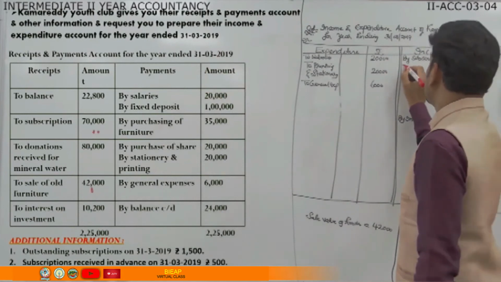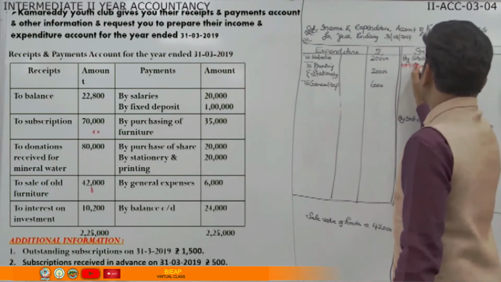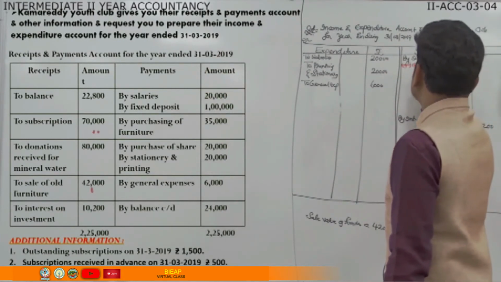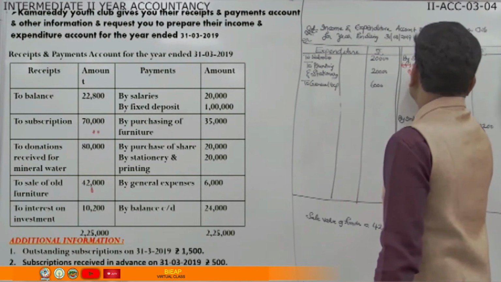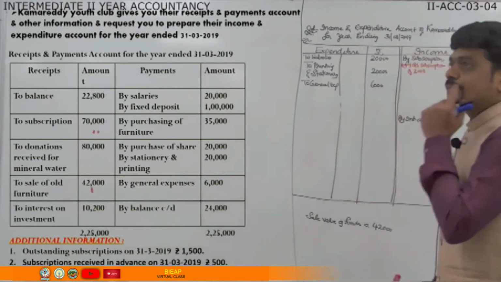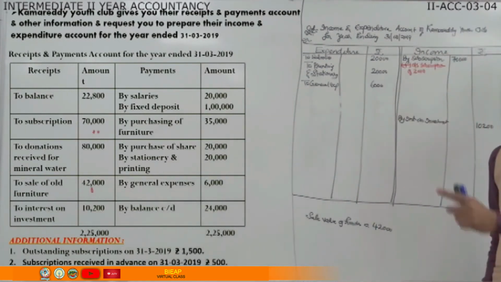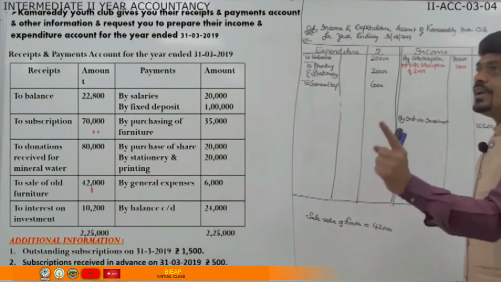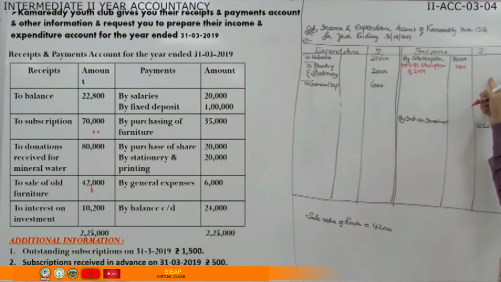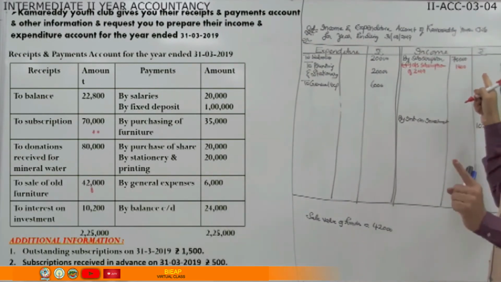So we should add outstanding subscription of 2019. How much? 1,500. Now we cannot write the amount in the outer column because we have one more adjustment.